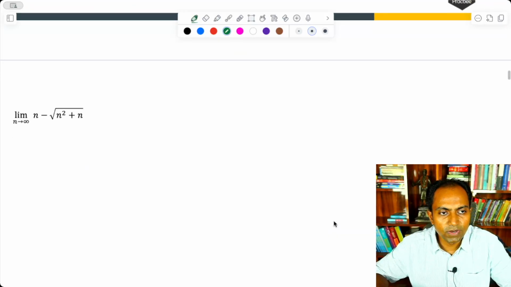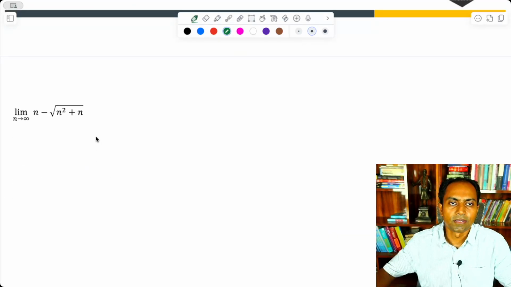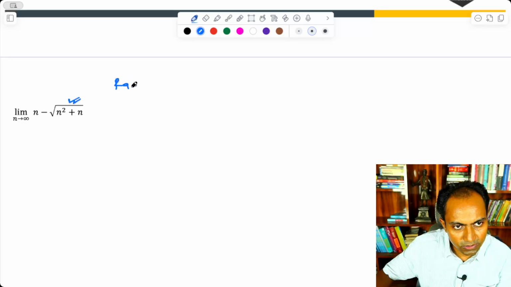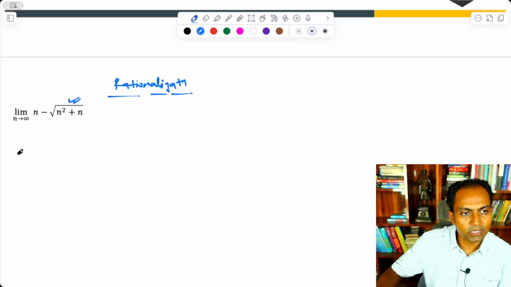Again, now in this question we are trying to connect. Now if you know, you can again pause and try, but if you don't know, observe this root sign. Whenever you see a root, the idea in your mind should be rationalization. We need to rationalize. So if you rationalize, let us see what happens.